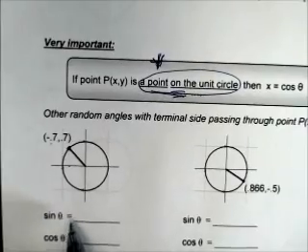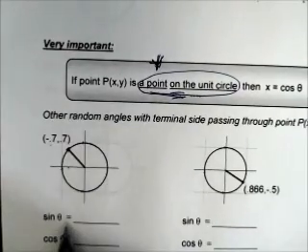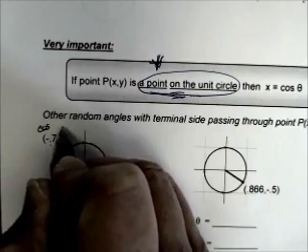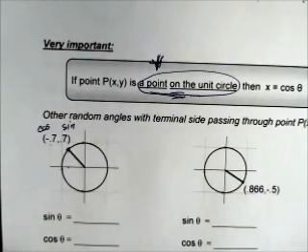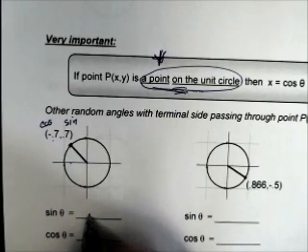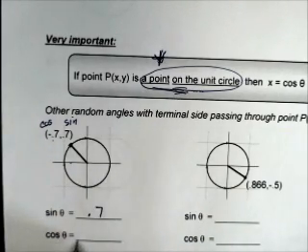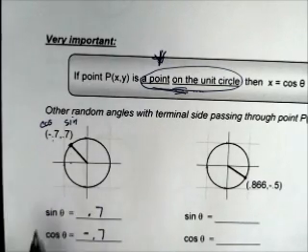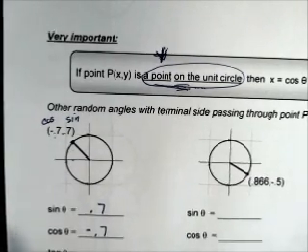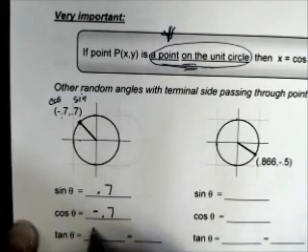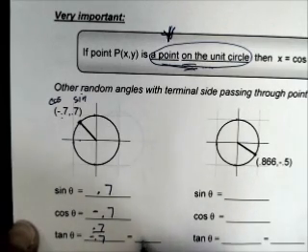Well, the sine of this angle is its y-coordinate. So the sine of theta is 0.7. The cosine of theta is negative 0.7, simply the x-coordinate. And the tangent of theta would be sine over cosine, 0.7 over negative 0.7, which is equivalent to negative 1.